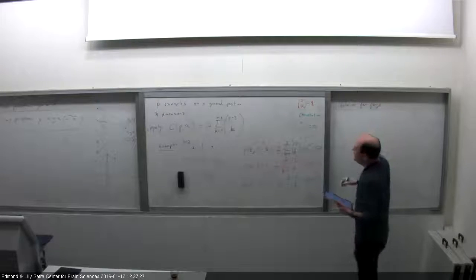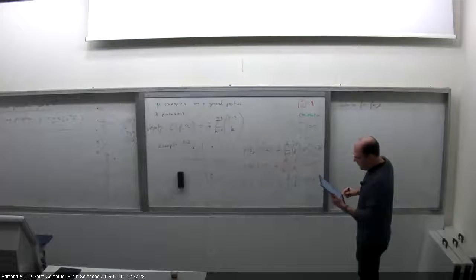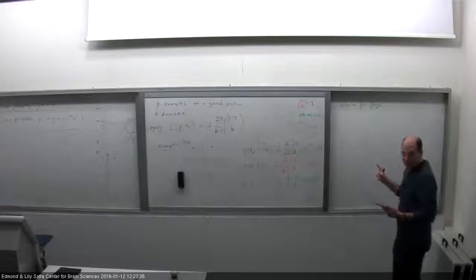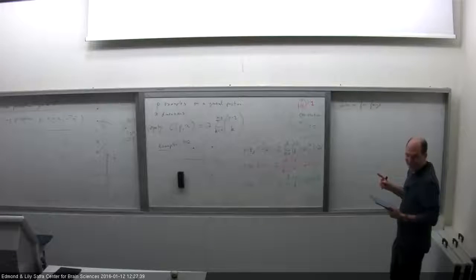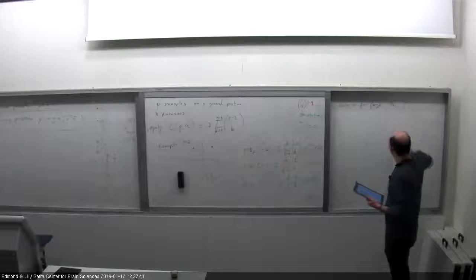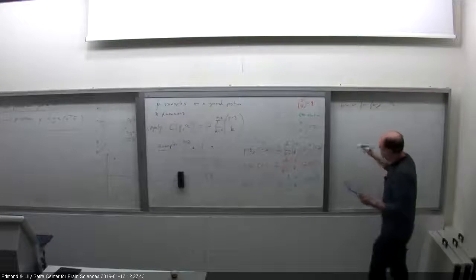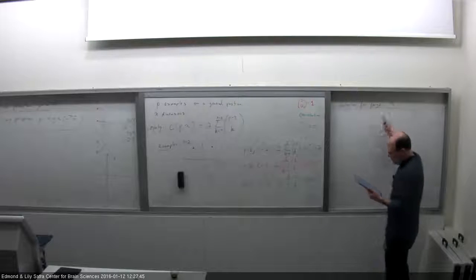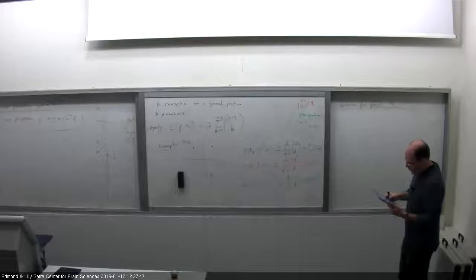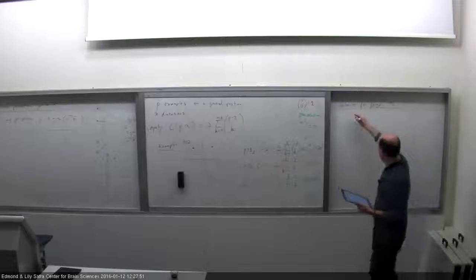By the way, I see that in my notebook I have sometimes capital N, but I don't remember what I did last time. Do you use capital N or small n? Okay, it will be the same. I'll continue with small n, maybe because this is what I have here.